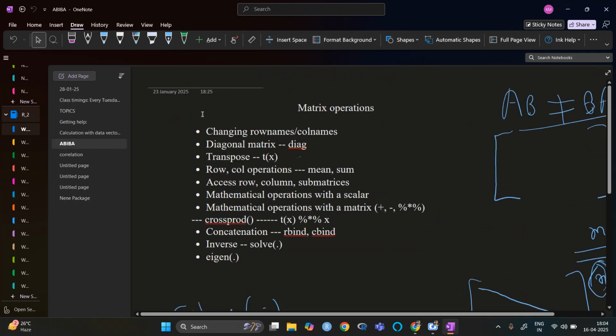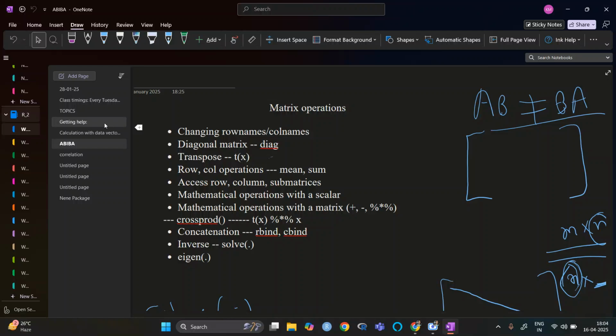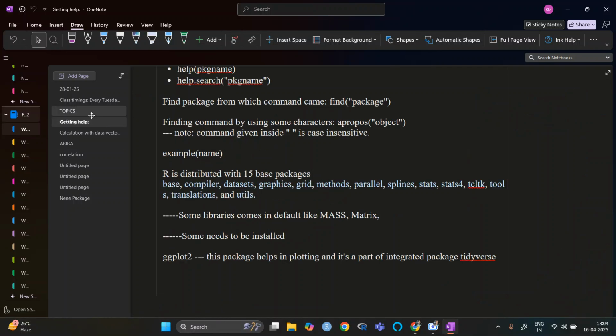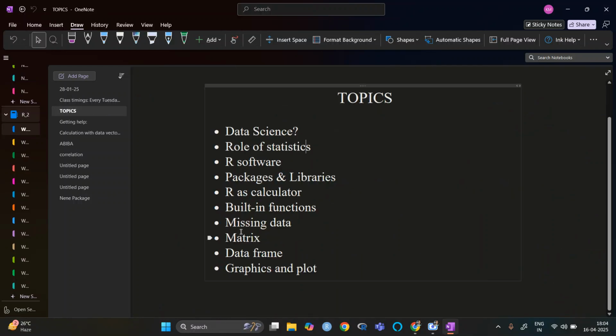The next topic is that we can sometimes have missing data in our data frame. For that, we need to use na.rm equal to TRUE.